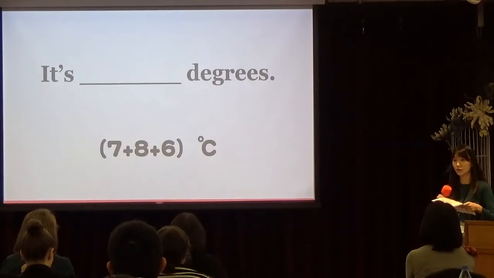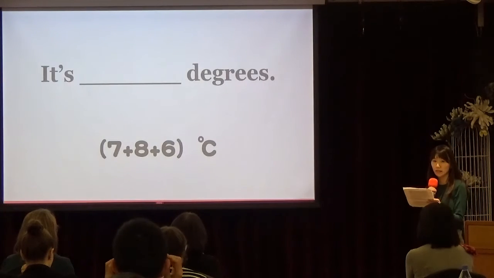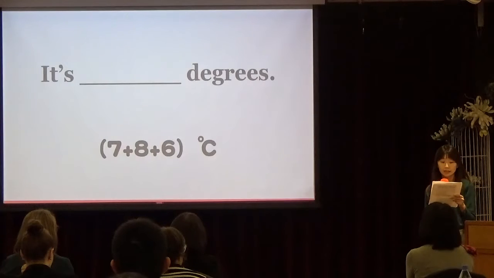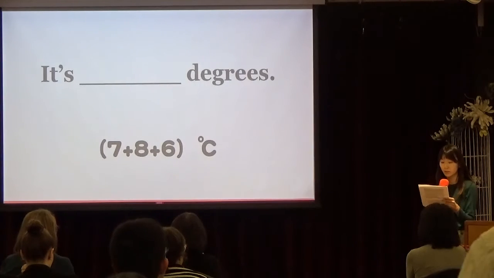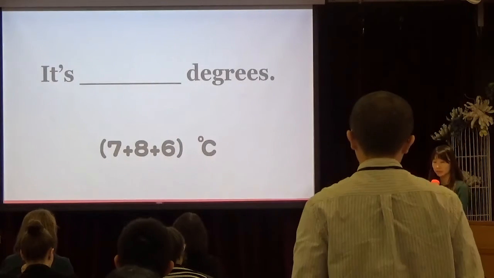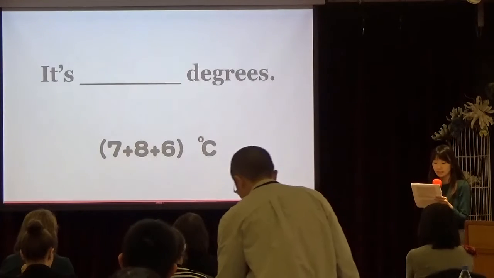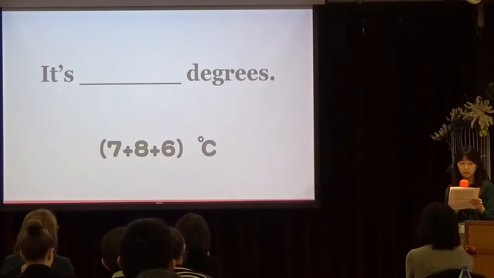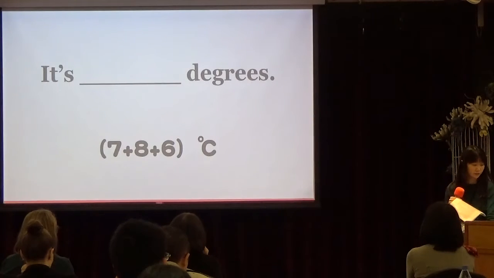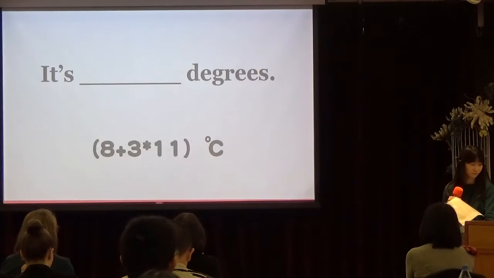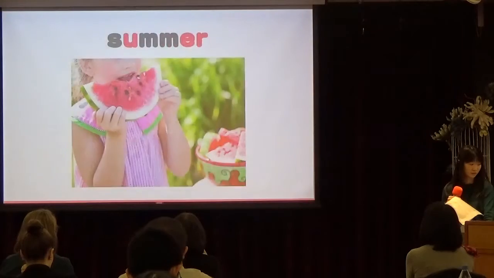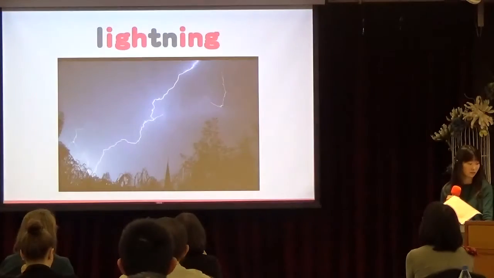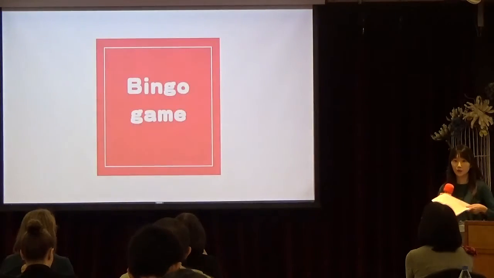And we have an activity. The students should work in groups and count the number, and then see who can write down the complete sentence on their whiteboard and say it fast to get one point. After reviewing the words about the weather, we have a bingo game.